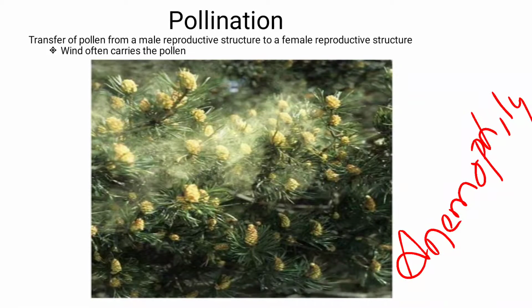Anemophily means the pollination occurring with the help of wind. See, all this white colored dust-like thing is nothing but pollen grains. They are getting transferred from male reproductive part to the female reproductive part with the help of wind. So, this is about the pollination.